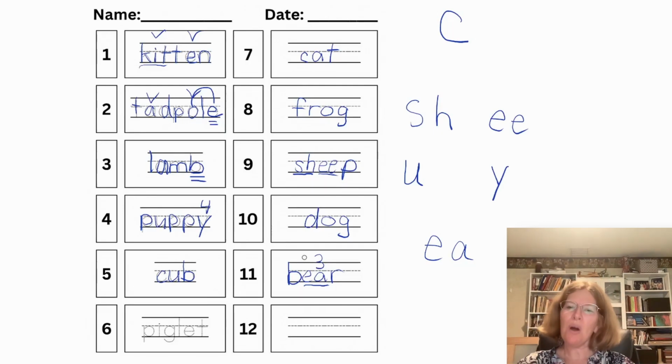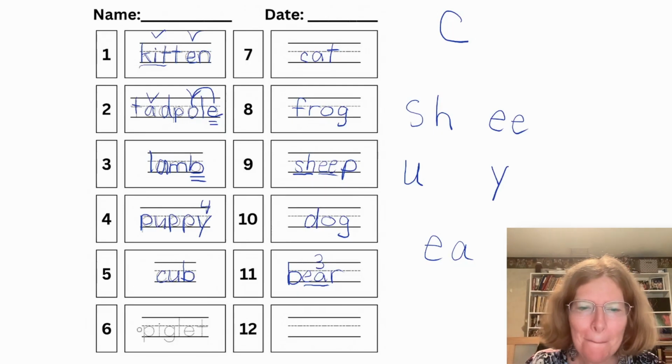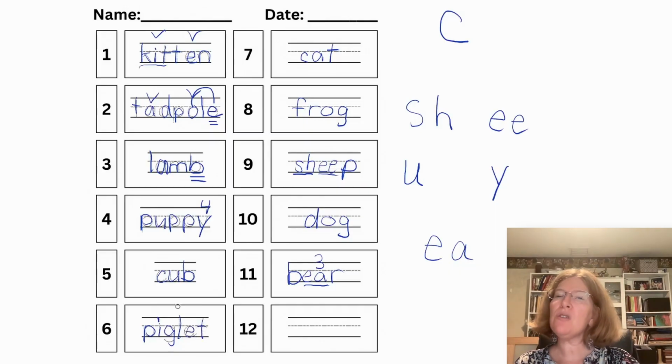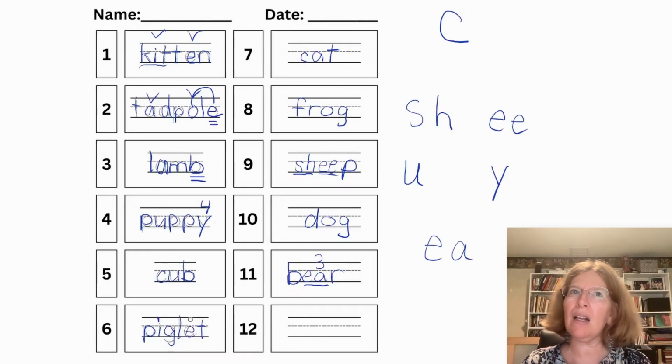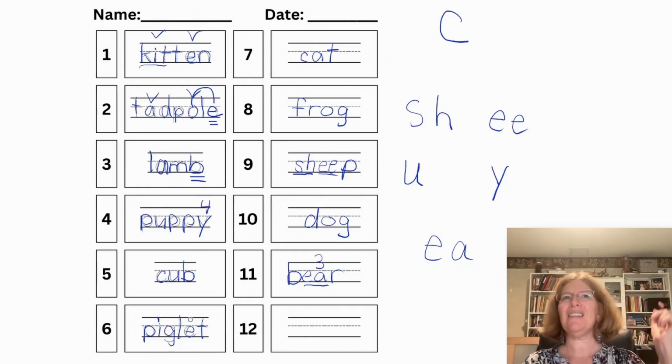And the last row, we got to row number 6. Sound it out as you write it. P-I-G, L-E-T. Sound it out. You blend it. P-I-G, pig, let. Let, blending those sounds. And then you read it fluently. Piglet, piglet, piglet.